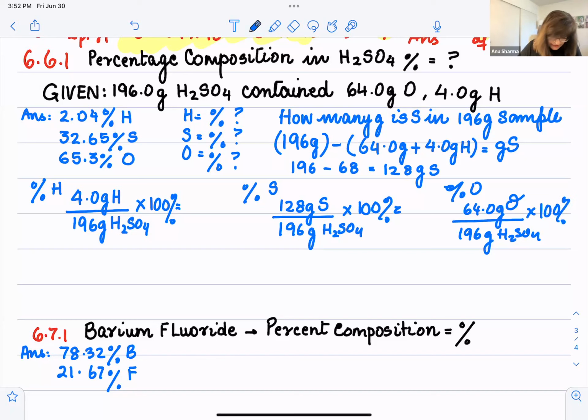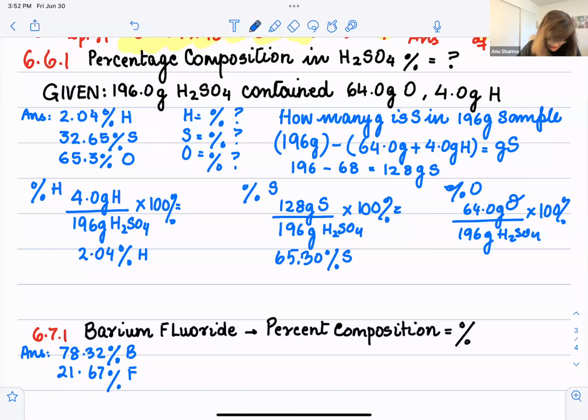So what do you get here? 4 divided by 196 times 100 gives you 2.04% hydrogen. The next is 128 divided by 196 times 100, and that gives you 65.30% sulfur.